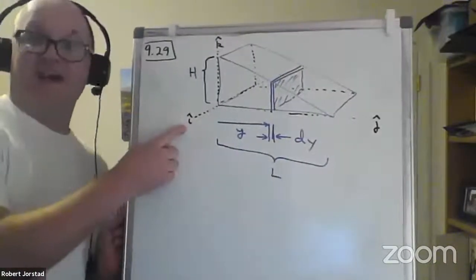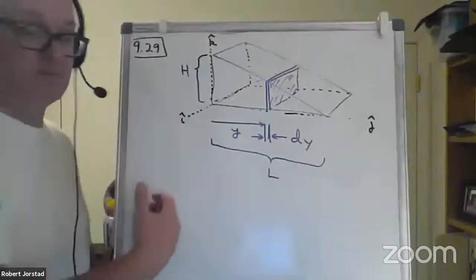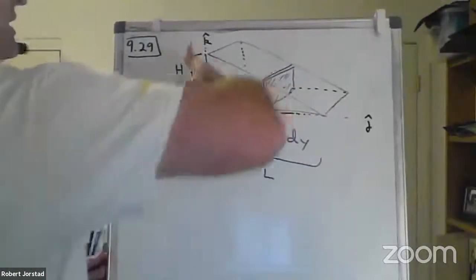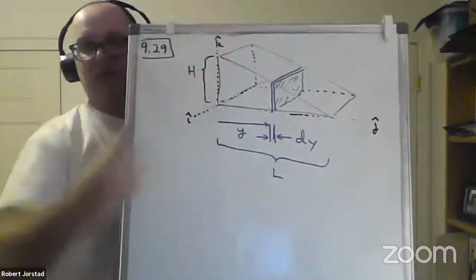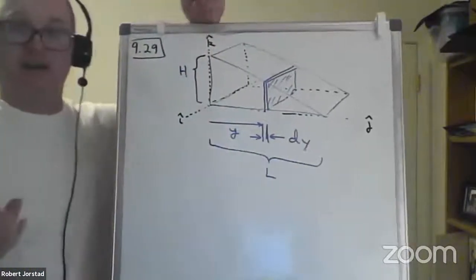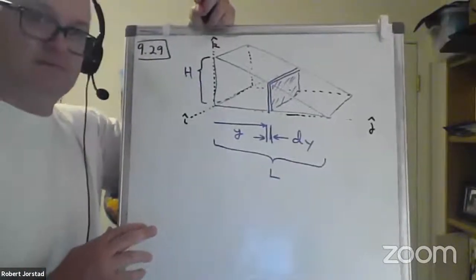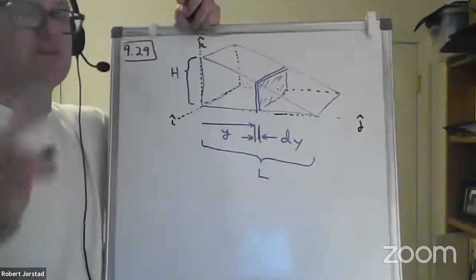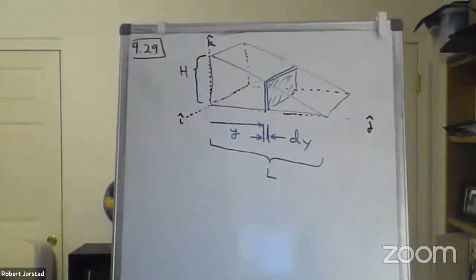I said i hat is out of the page, j hat is to the right, and k is up. So i goes to j goes to k. This is actually a right-handed coordinate system. It does work out. But my point here is you've got to always watch your axis labels. Sorry about that, Alonzo. I got you on that one.